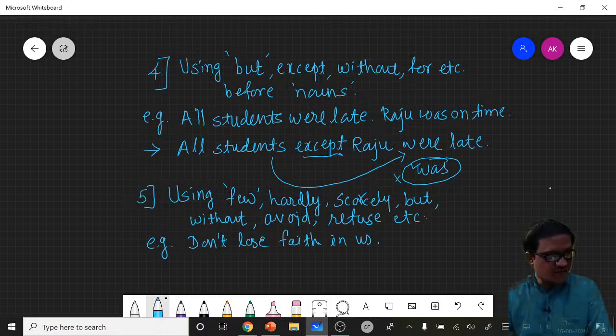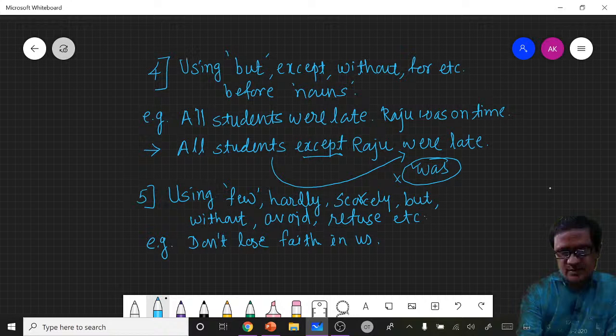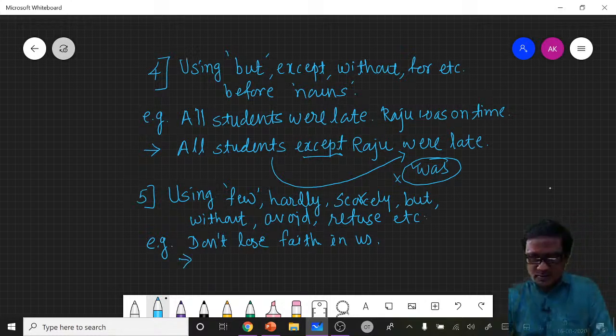Don't lose faith in us. It means हम पर जो आपका विश्वास है. अब मैं हिंदी में बोलूंगा तो हम पर विश्वास बोलूंगा, लेकिन इंग्लिश के लिए faith in us. Don't lose faith in us. हम पर जो विश्वास आपने दर्शाया वो कभी भी खोना नहीं चाहिए, ये मैं आपसे गुजारिश करता हूं.